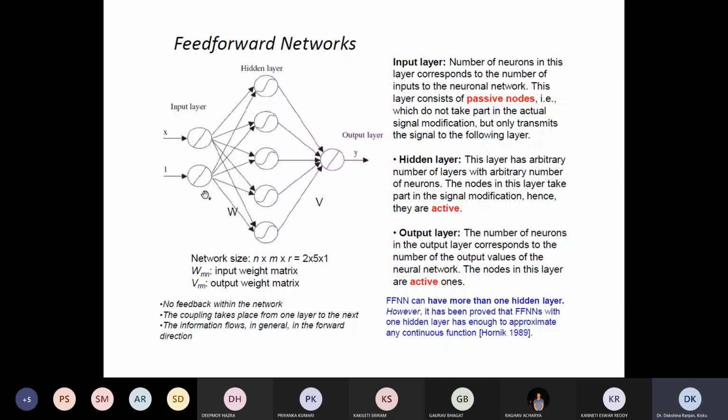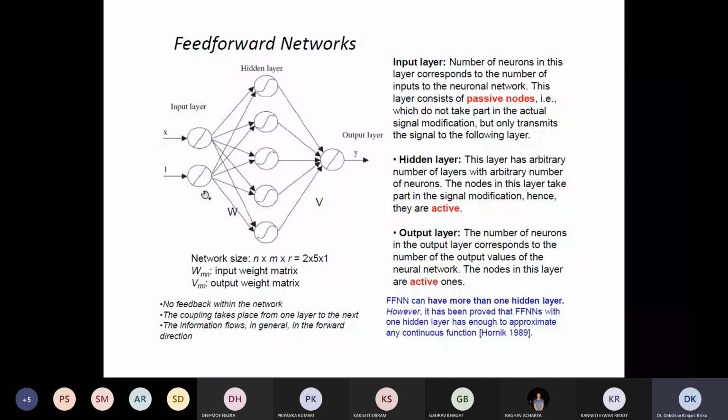Here the number of neurons in this layer corresponds to the number of inputs to the network. This layer consists of passive nodes basically. Passive nodes do not take part in the actual signal modification, but only transmit the signal to the following layer.